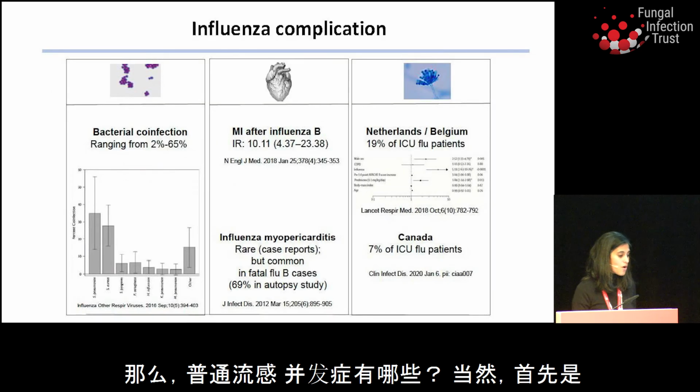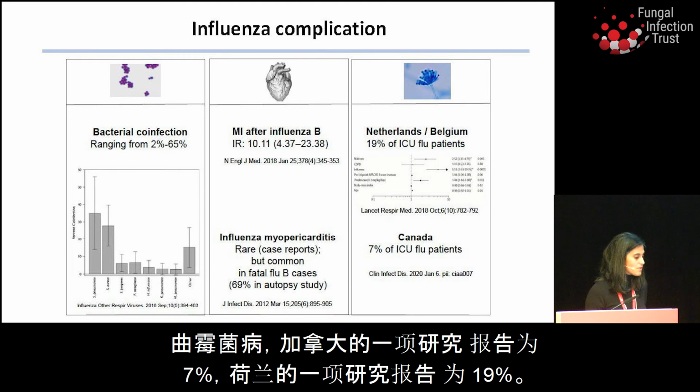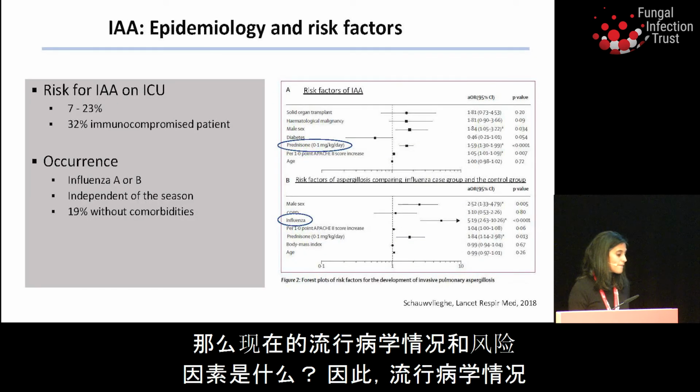So what are common influenza complications? Of course, first priority is bacterial co-infections, ranging from 2 to 65%, then myocardial infarction, and also invasive aspergillosis, which has been reported in a Canadian study at 7% and in the Netherlands at 19%. So what is now the epidemiology and the risk factors?